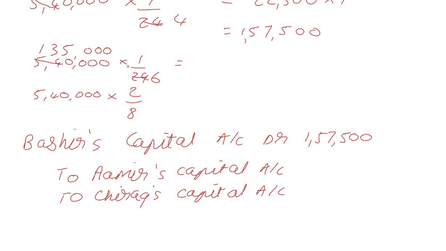Now is this divisible by 6? Just add and see. 1 plus 3 is 4, plus 5 is 9, and we've got 0. So it's divisible by 6. 6 2s are 12, and then 6 5s are 30. So I'm going to get 22,500 over here.